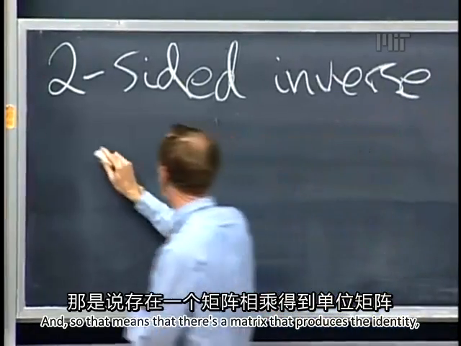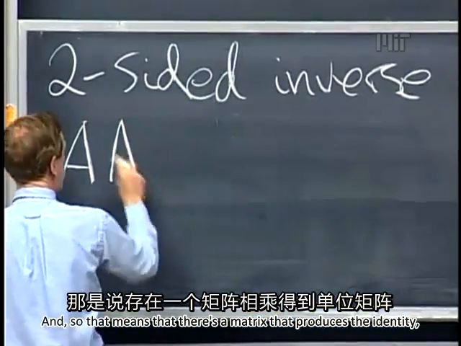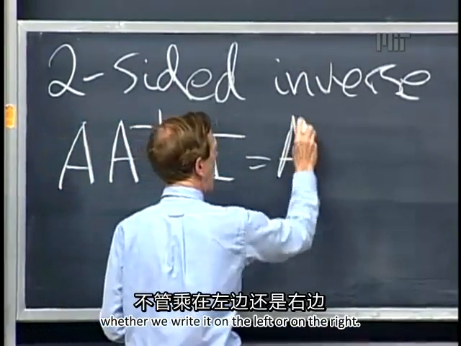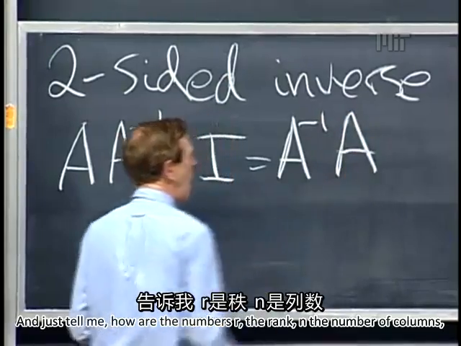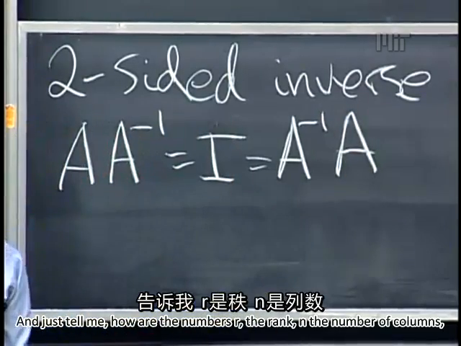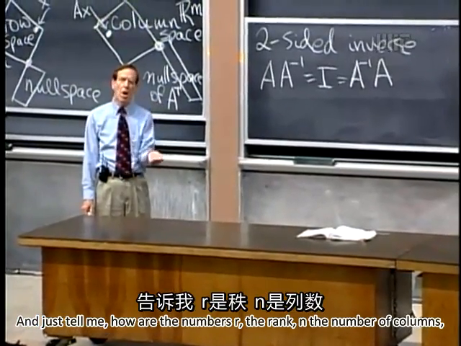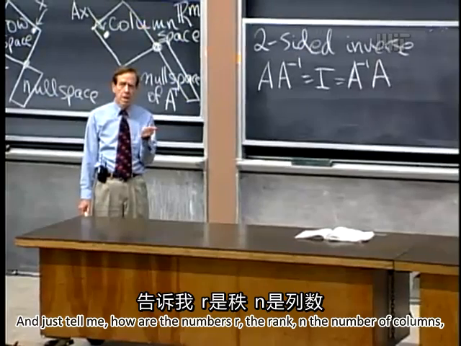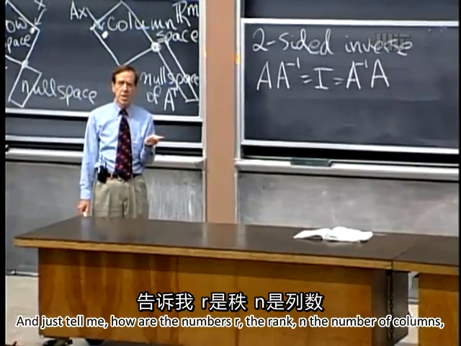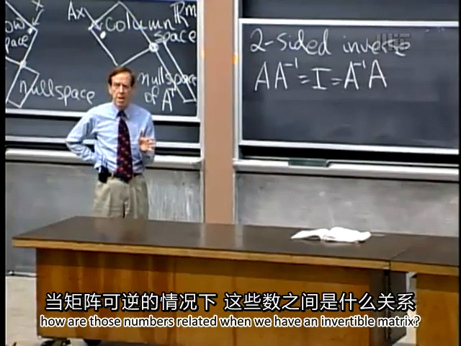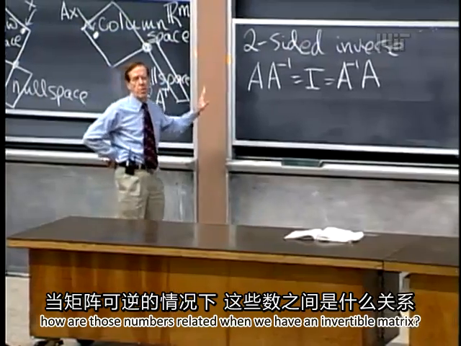That means there's a matrix that produces the identity, whether we write it on the left or on the right. And just tell me, how are the numbers r, the rank, n, the number of columns, and m, the number of rows, related when we have an invertible matrix?